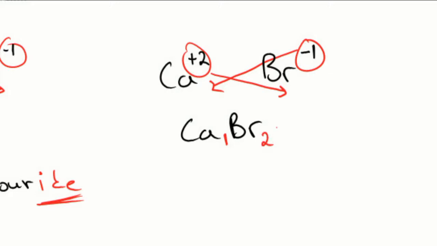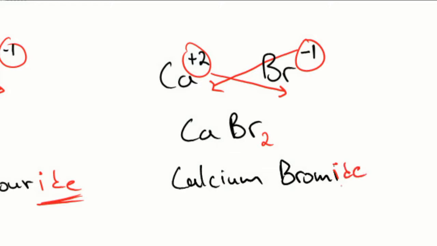Of course, we don't need to write in our 1s because they are assumed to be there. If I have more than one, I need to show that. So this is calcium, and bromine changes to bromide. So this is calcium bromide.